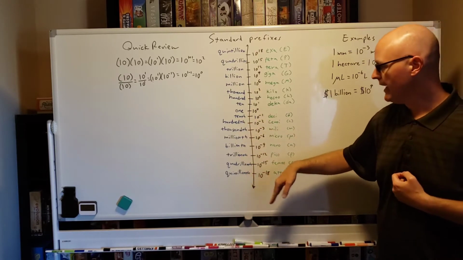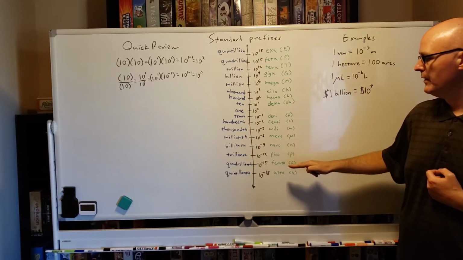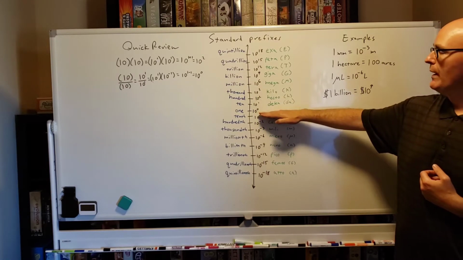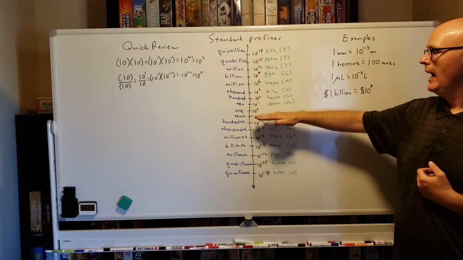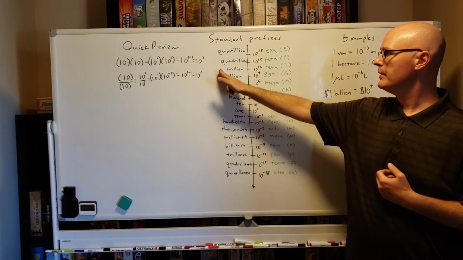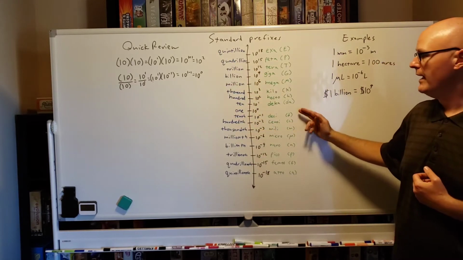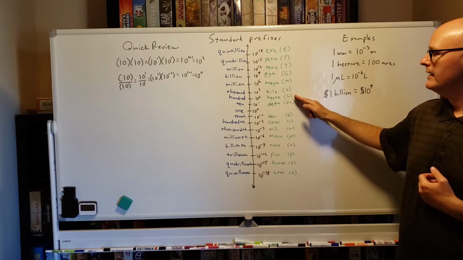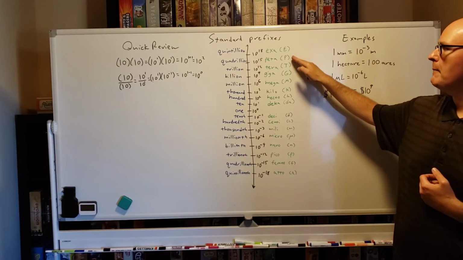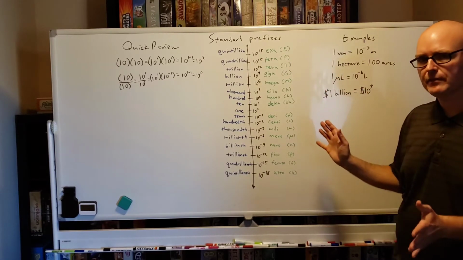I could also say deci, centi, milli, micro, nano, pico, femto, atto. Going bigger than 1, I might have 10, 100, thousand, million, billion, trillion, quadrillion, quintillion. On this side, I would have deca, hecto, kilo, mega, giga, tera, peta, exa. There are more, but this is a good enough list for our examples.